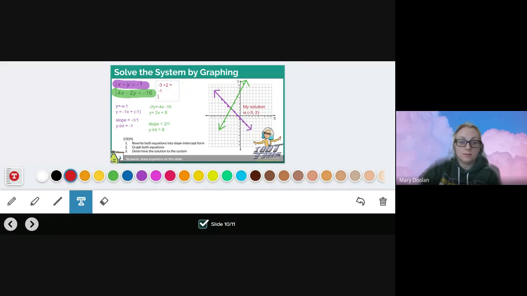And then for the next equation, it's 4 times my x coordinate, which is -3. And to that, I'm going to subtract 2 times my y coordinate, which is 2.